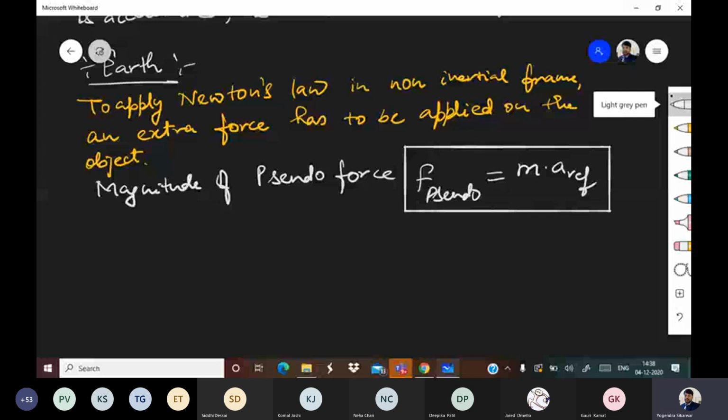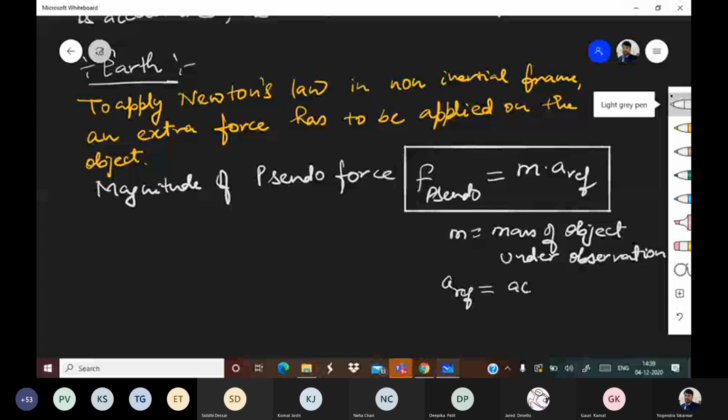A ref is acceleration of frame of reference. Okay, so this is the magnitude of pseudo force. So basically we have talked two things. Number one, when pseudo force is to be applied.